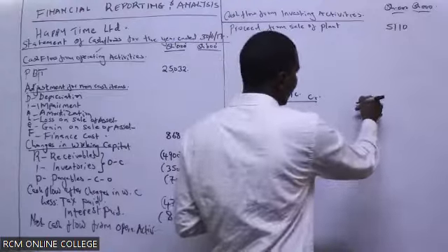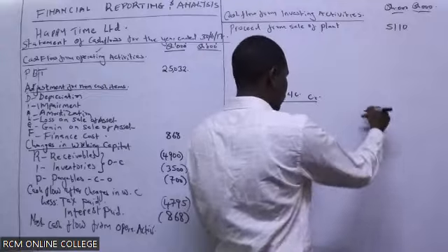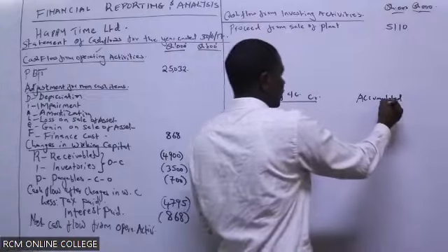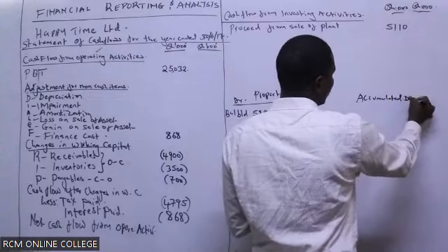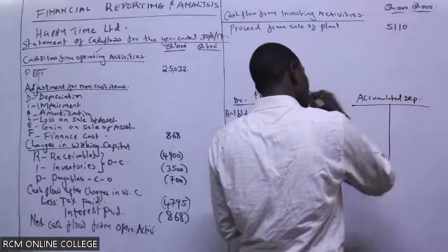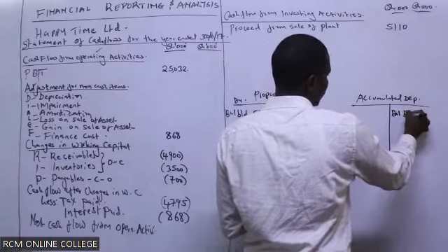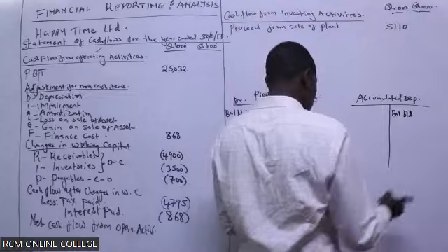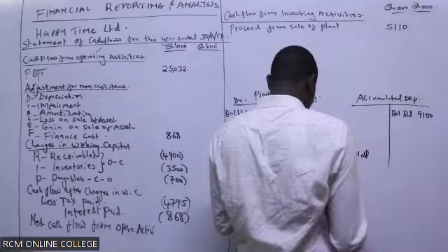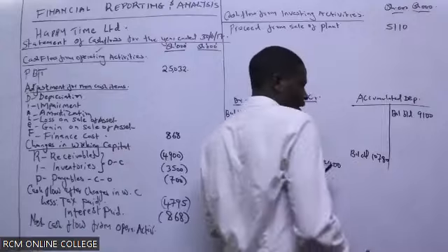And then, do we have accumulated depreciation? Yeah, we have accumulated depreciation here. Hii ndio itatusaidia kupata kama kulikuwa mpaka na disposal. Accumulated depreciation falls under the liability section. So balance brought down was 9,100. Balance carried down ilikuwa 10,780. Accumulated depreciation.